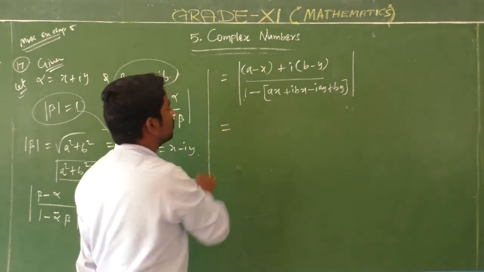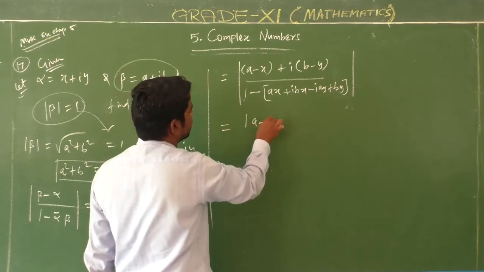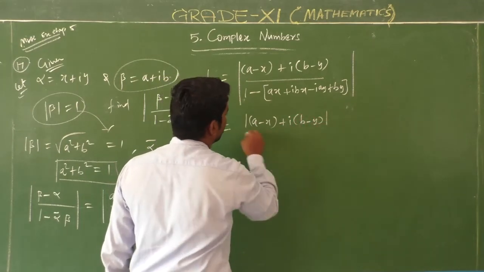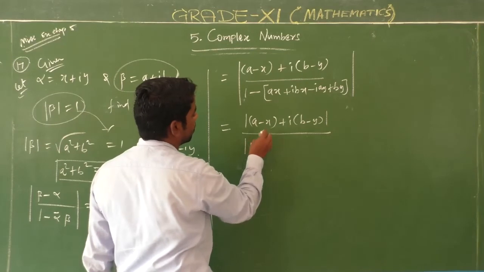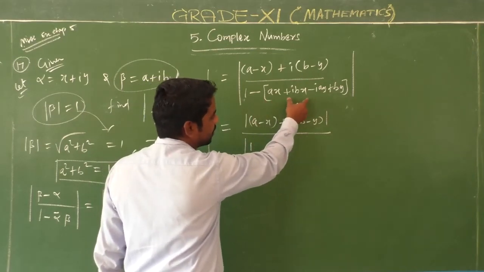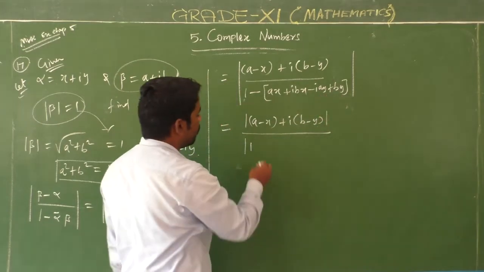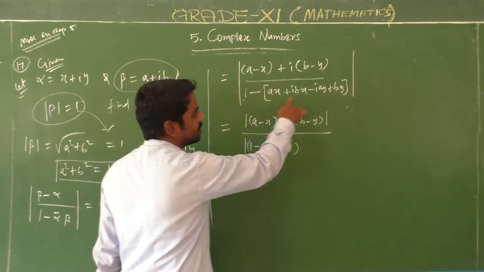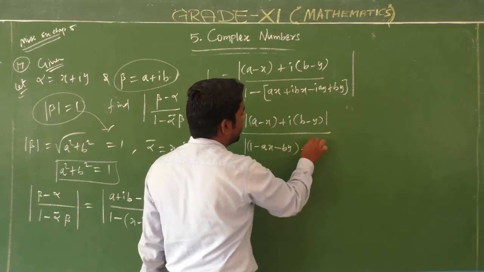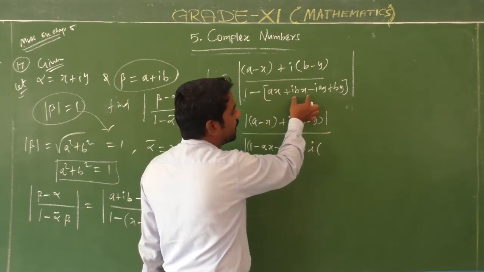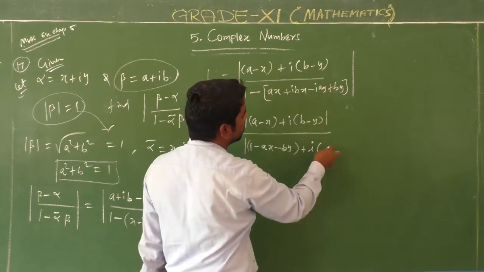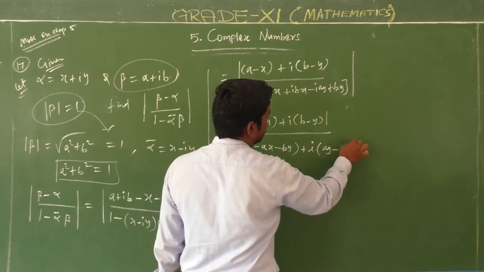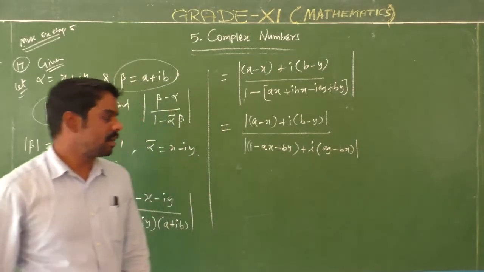So the modulus of a minus x plus i of b minus y, whole divided by the modulus of 1 minus ax minus by, this is the real part, plus i into minus ay plus bx, so minus ay plus bx is written as ay minus bx. This is standard form.